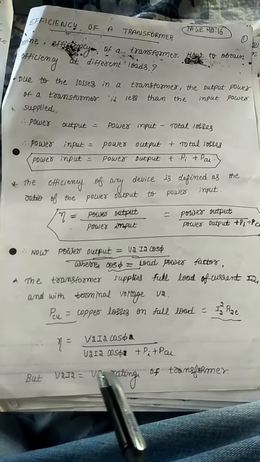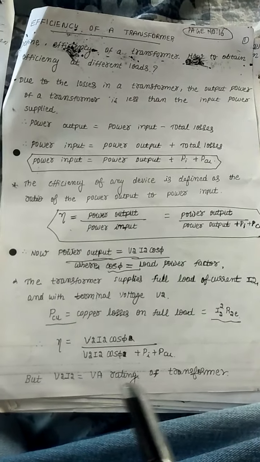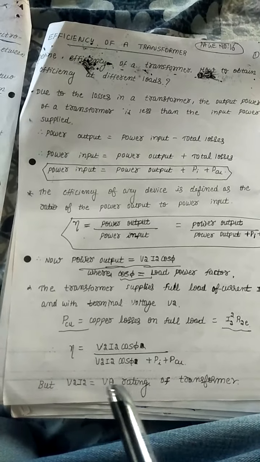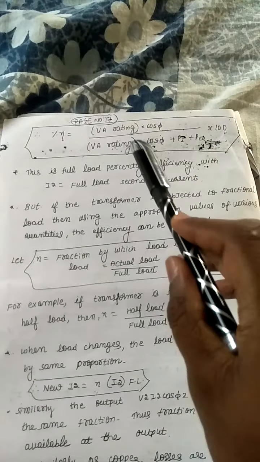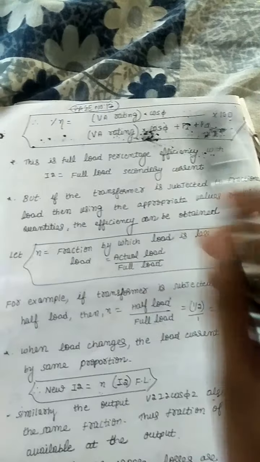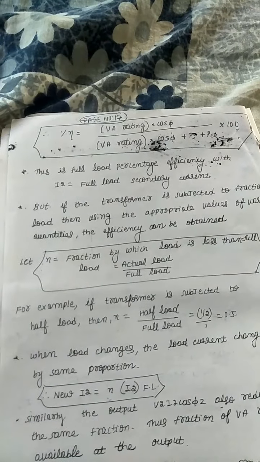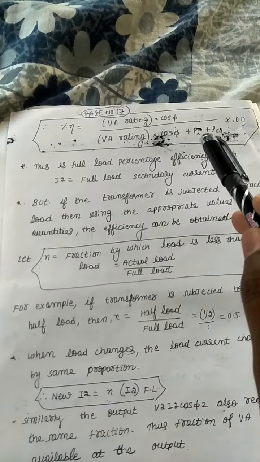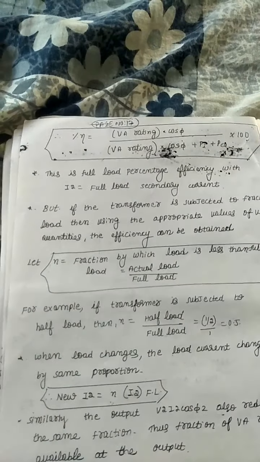V2 into I2 means the volt-ampere rating of the transformer. Therefore the efficiency of the transformer can be written as VA rating into cos phi, divided by VA rating into cos phi plus Pi plus Pcu, into 100%.